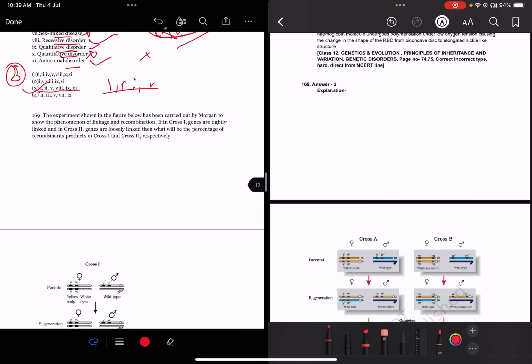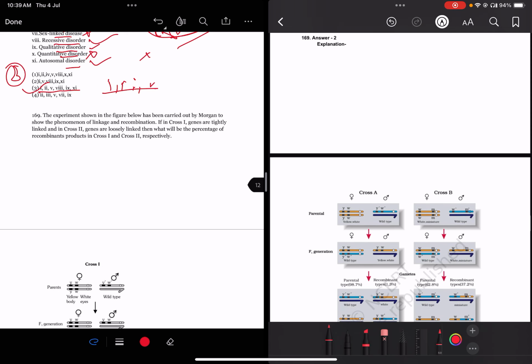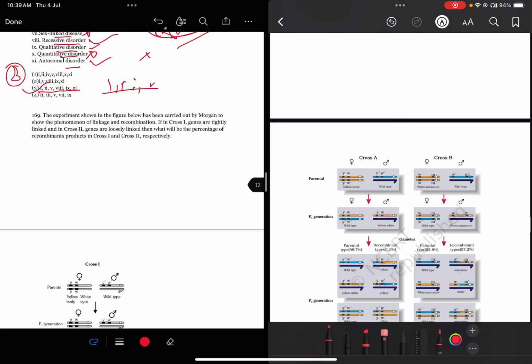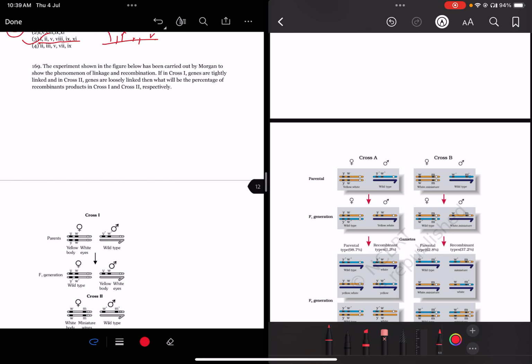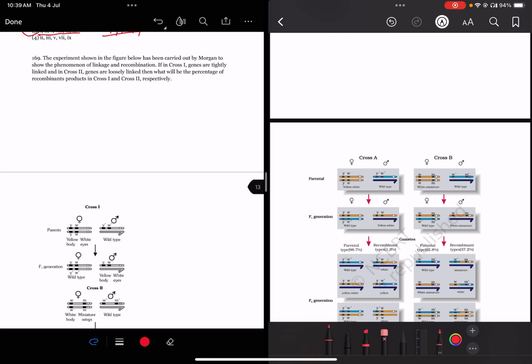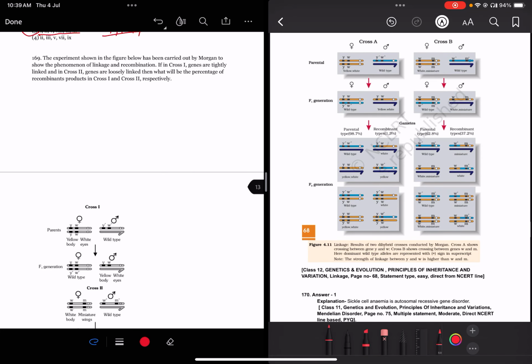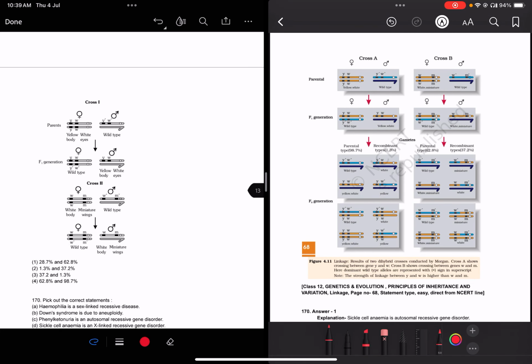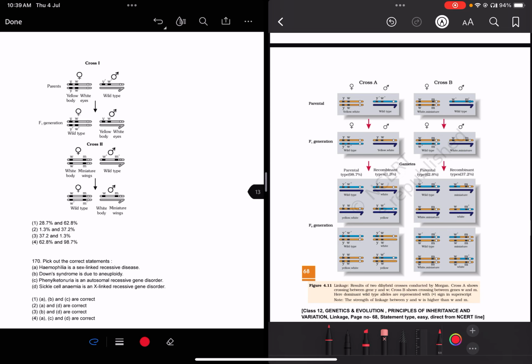The experiment shown in the figure below has been carried out by Morgan to show the phenomena of linkage and recombination. If in cross 1 genes are tightly linked and in cross 2 genes are loosely linked, then what will be the percentage of recombinants produced in cross 1 and cross 2 respectively? This is a diagram directly from NCERT.